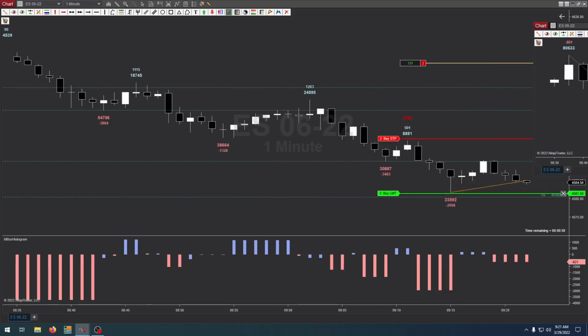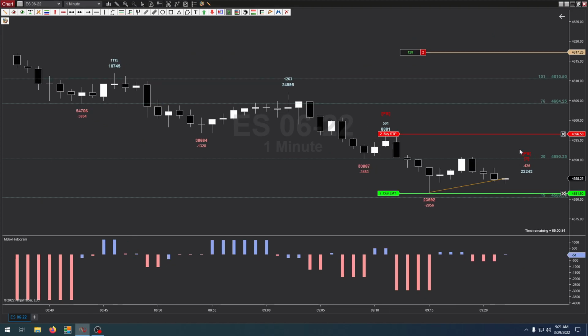Are we getting any supply over here? We are getting a little bit. Trend pullback short, trend Stooges short, negative volume delta here. A little bit of supply. You need to go after this low.